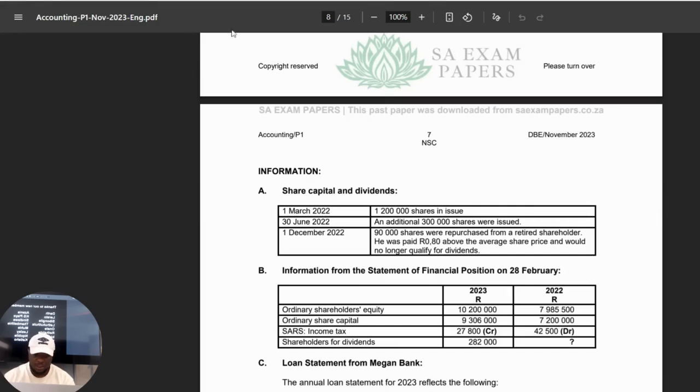Let's look at the information we're given that can assist us to fill in everything. If you look at information B, from the statement of financial position we're given ordinary shareholders' equity, but we're also given ordinary share capital at the end of the year, which is 9,306,000.